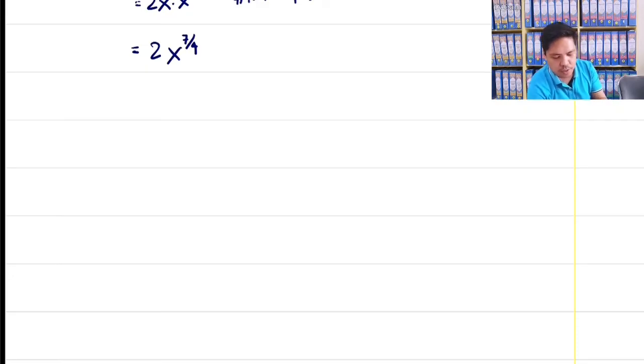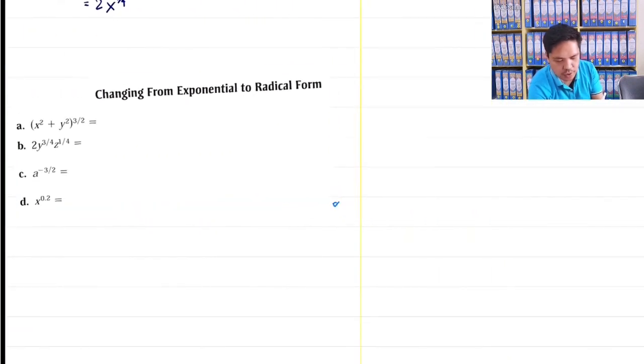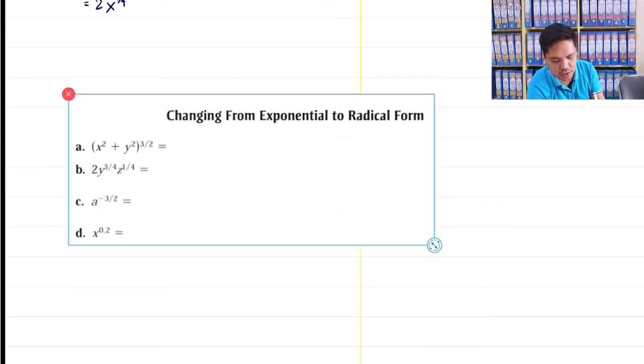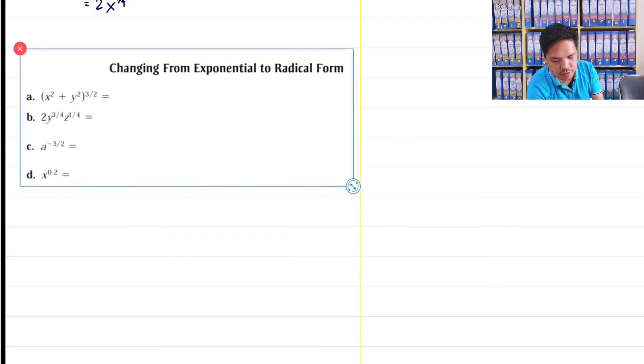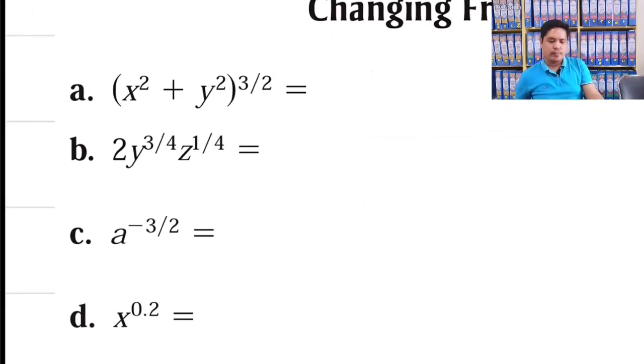Okay, problem 24. This one is the reverse. How do we change from exponential to radical? It's fairly easy.